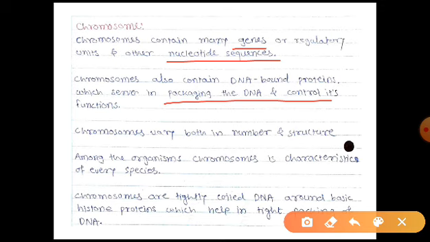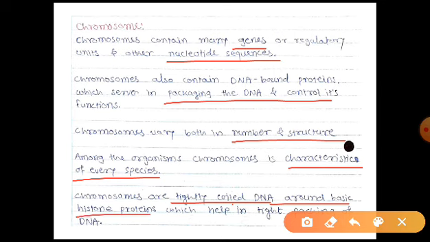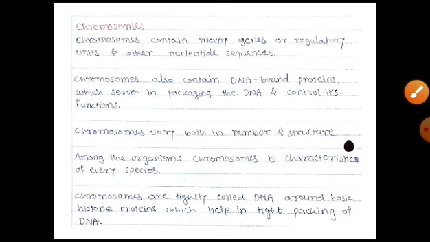Chromosomes vary in both number and structure. Among organisms, chromosome number is characteristic of every species. Chromosomes are tightly coiled DNA around basic histone proteins, which help in tight packaging of DNA.